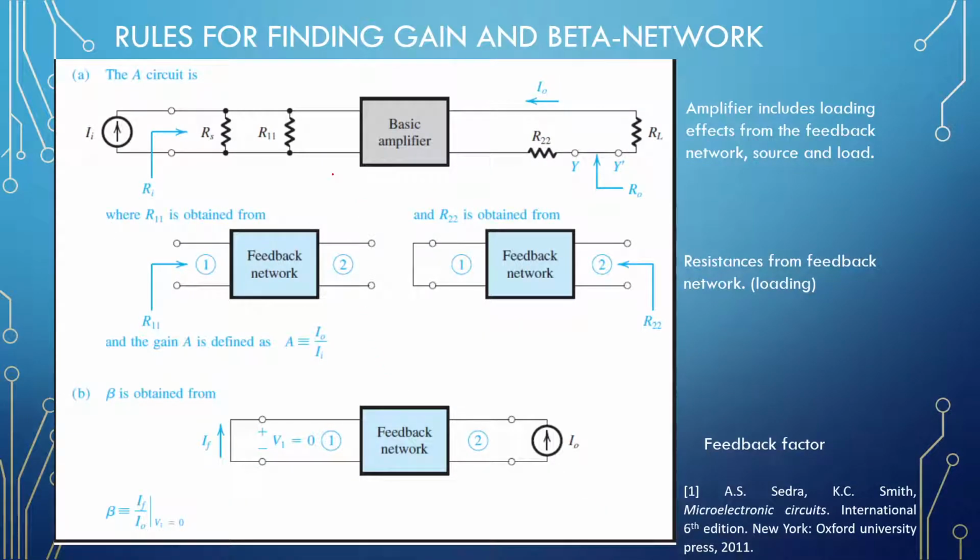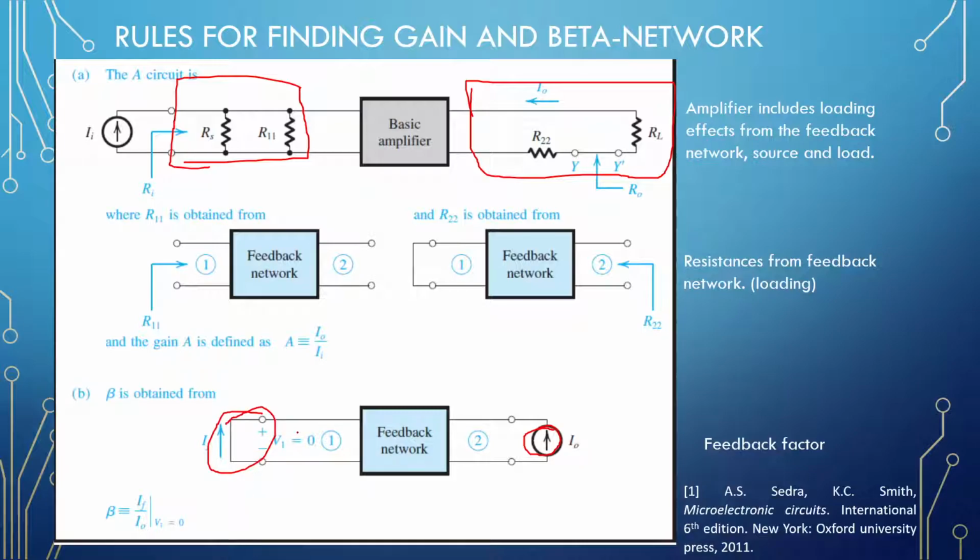Right, so the rules for finding the gain in the beta network. Your basic amplifier will have everything in parallel at the input, everything in series at the output side. For the beta network, you will set up a current source and short the output side, picking the feedback current flowing in this direction.